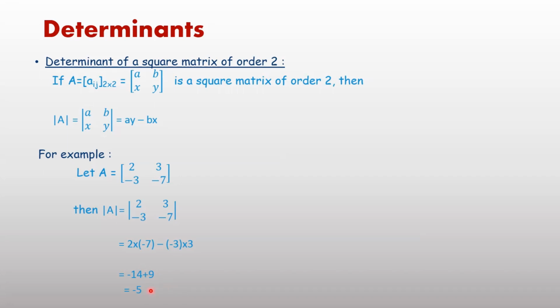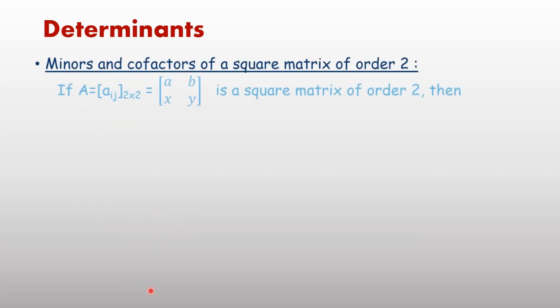Now, one more important topic which we have to cover here is minors and cofactors of a determinant of order 2 by 2. Matrix is given of order 2. Determinant is equal to |a b; x y|, which after calculation you can write as ay minus bx. Now, by another method, using minors and cofactors, we can also find the determinant of a matrix.